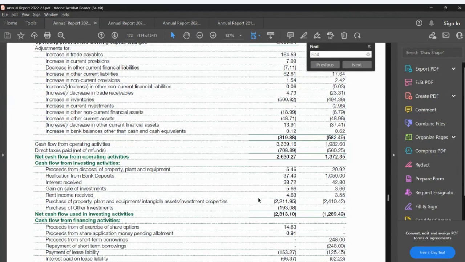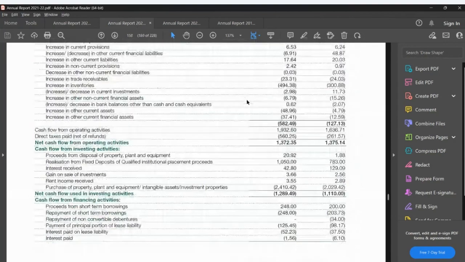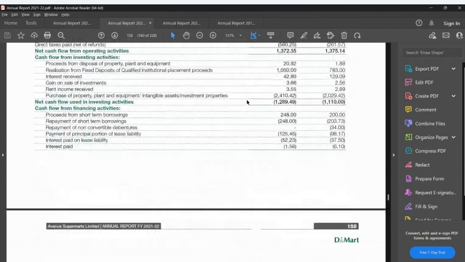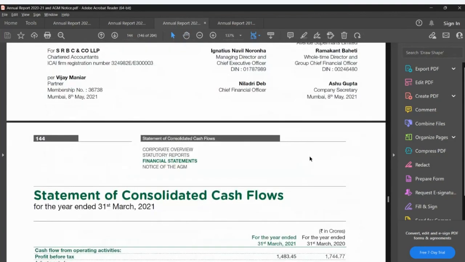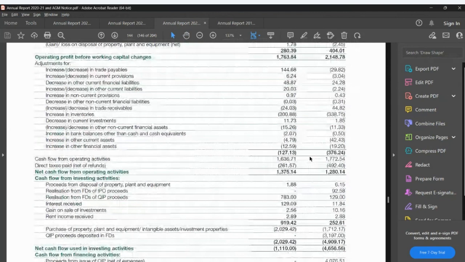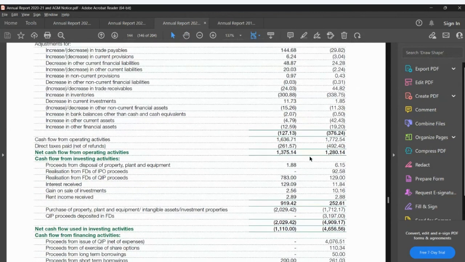Yeah, purchase of property, plant, equipment. If you see, it's there for 2 years. We have this data. We can see it for more. So 2000, 2100, 1700. So between 2200 to 2400 something.